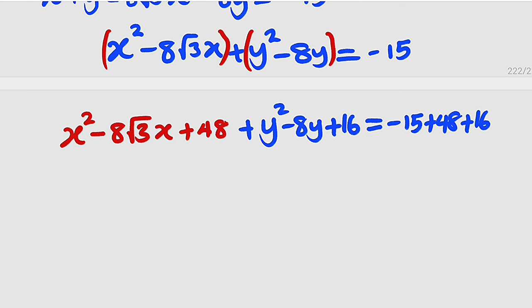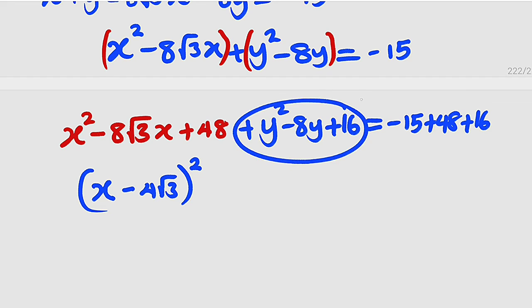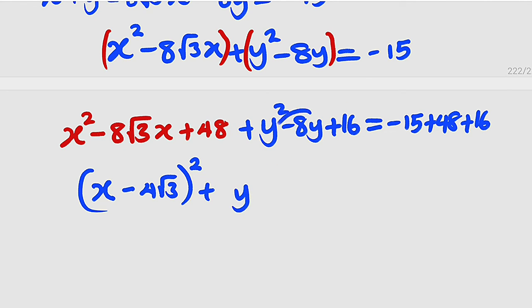So to factorize the left hand side, we take x here, then half of this will give us negative 4 root 3 whole squared. Then to factorize this again, we take y, half of negative 8 is negative 4, also squared. And if you simplify the right hand side, you are going to obtain 49.